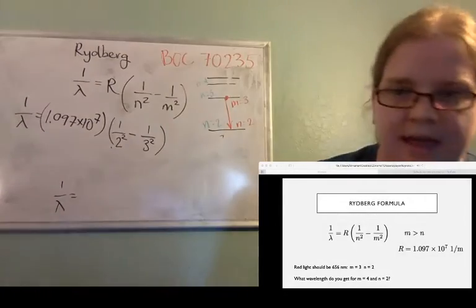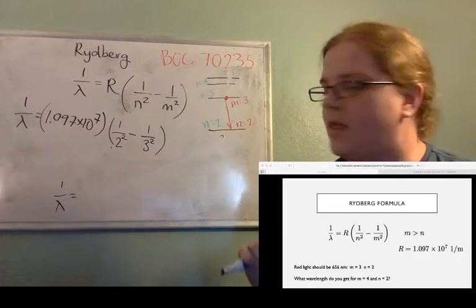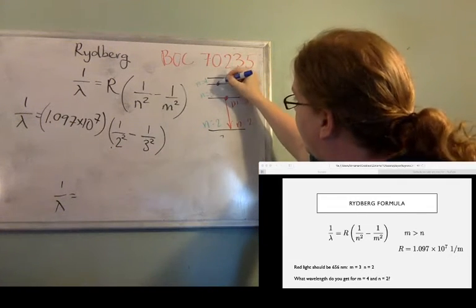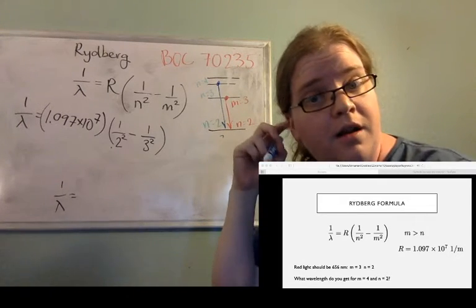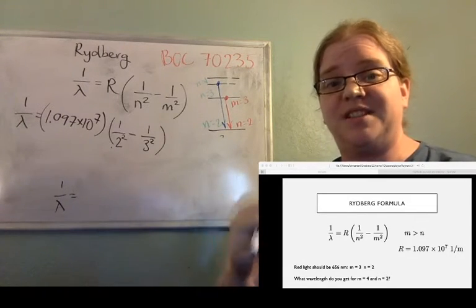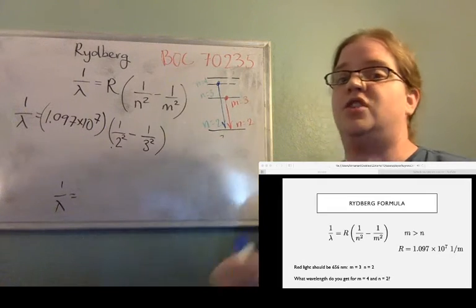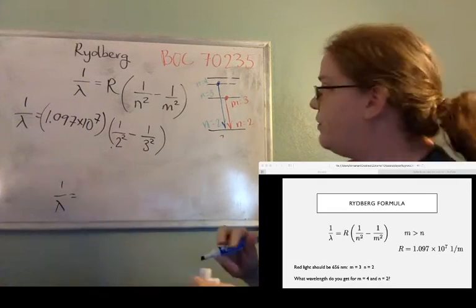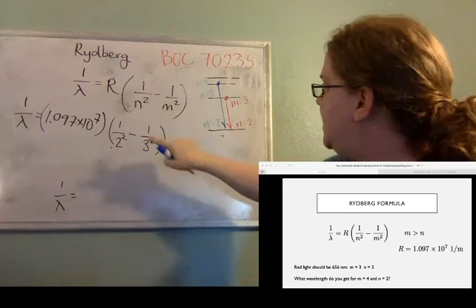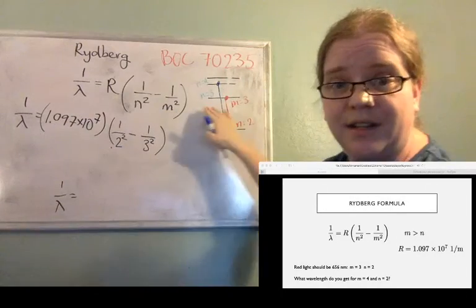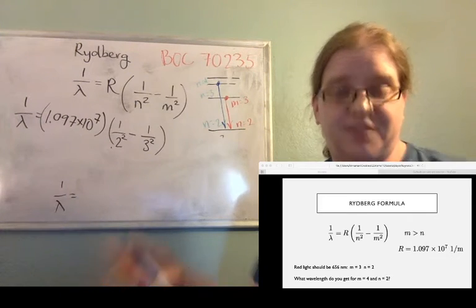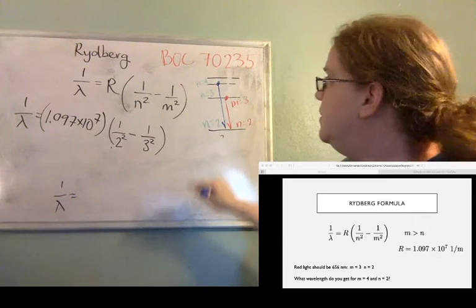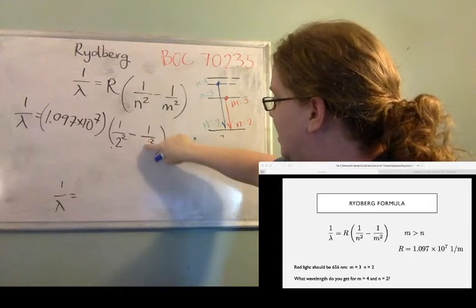We're now doing from 4 down to 2, which is a bigger energy drop, which means it's a bigger frequency, should be a smaller wavelength. Okay, so when we come in here, n is the same. We still ended up on 2. It doesn't have to be 2. It could have ended up somewhere else, but for these problems, it's 2. But we're starting at 4, so that's what changes.